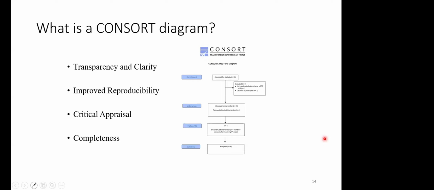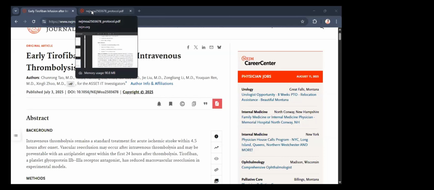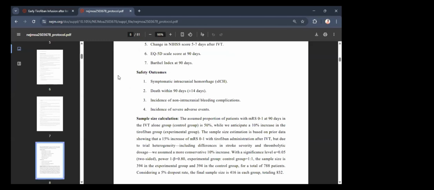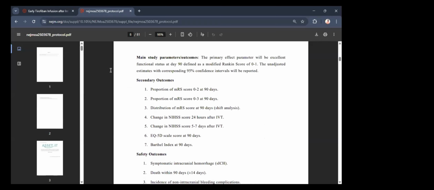Is anyone able to access the protocol for the study? Okay, so I hope you can see my screen. Yeah?